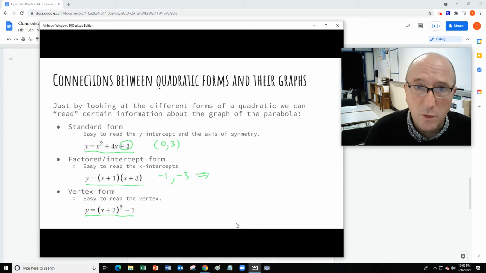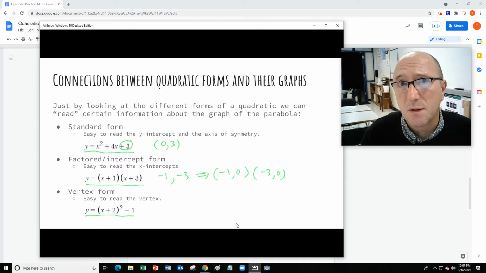Now, the way you would write that would be -1, 0 and -3, 0. Those are the 2 points of the graph. X -1, y 0, x -3, y 0.